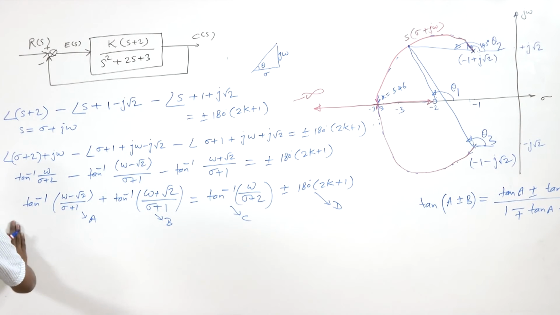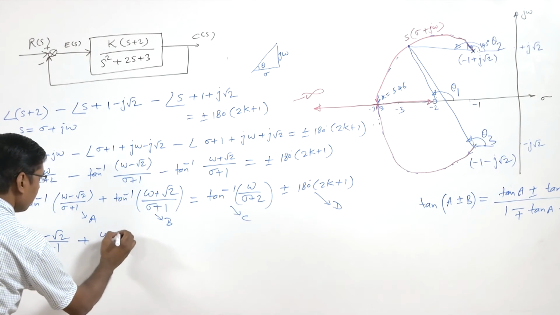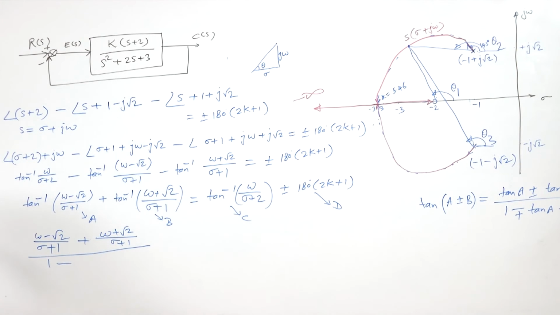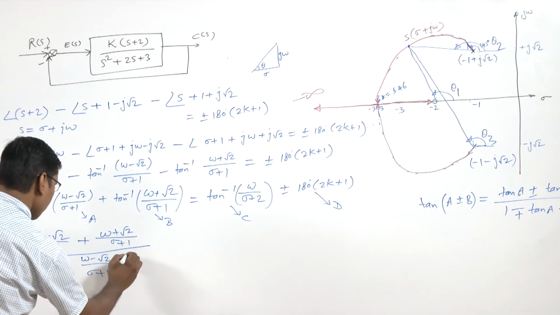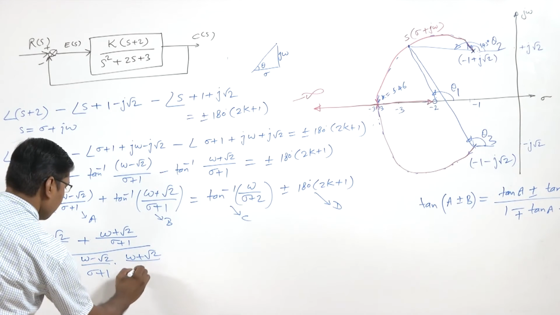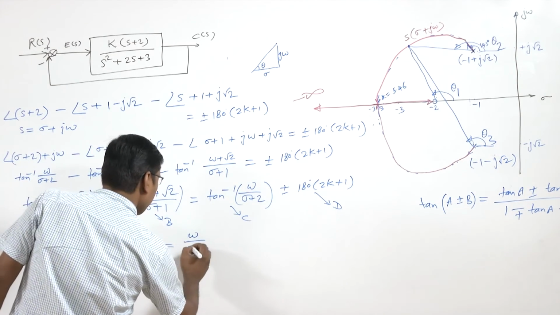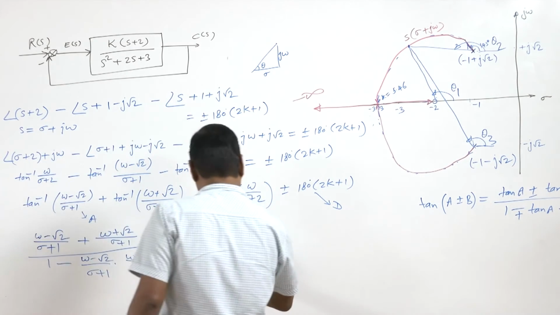So here taking tan of this equation, we will get (omega minus root 2 upon sigma plus 1 plus omega plus root 2 upon sigma plus 1) upon (1 minus omega minus root 2 upon sigma plus 1 into omega plus root 2 upon sigma plus 1), and that is equal to that part, and that is omega by sigma plus 2, because this part will make 0, and so we will solve this.